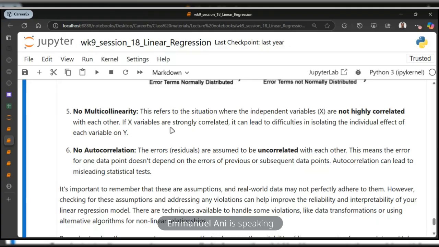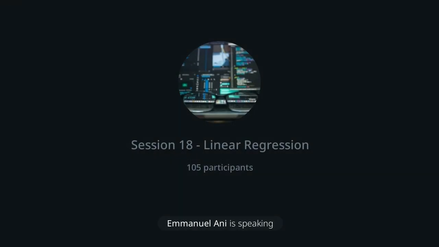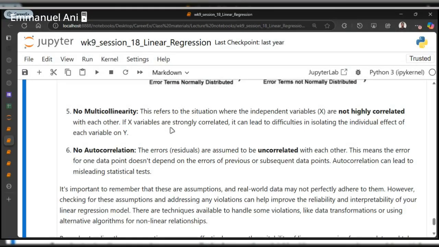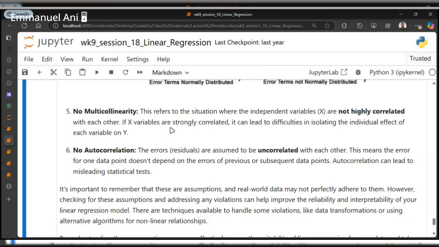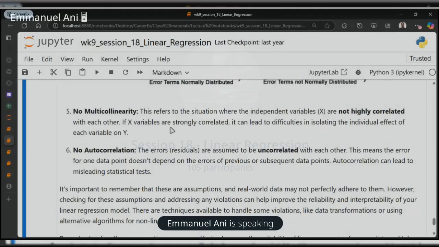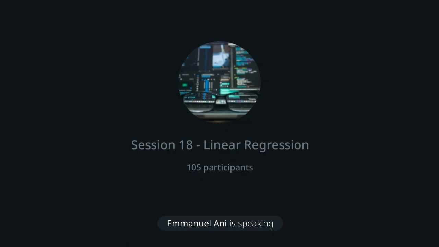If you have two independent variables and you check the correlation between them and they are highly correlated, normally you remove one of those variables, because it affects your dataset.